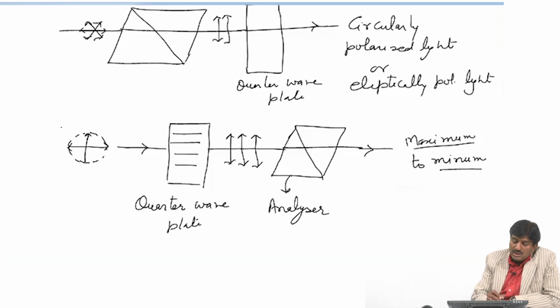Then we can say that this incident light is circularly polarized light.